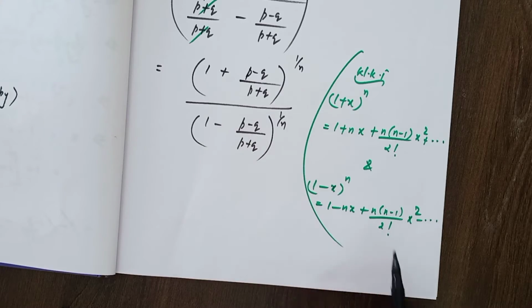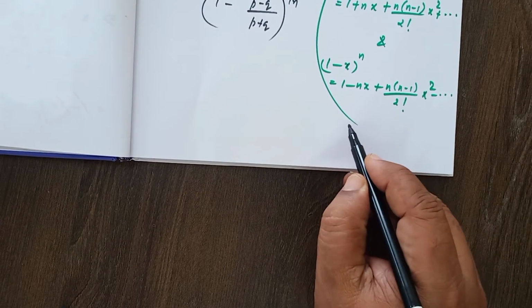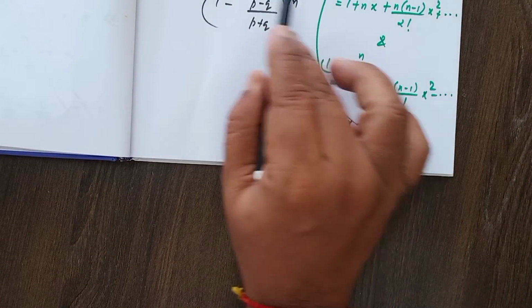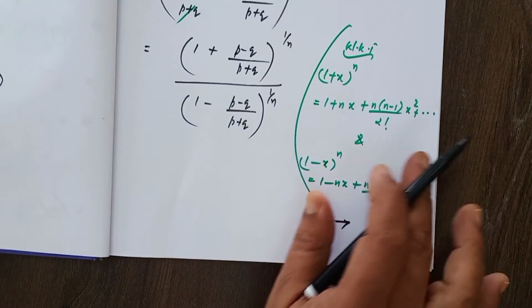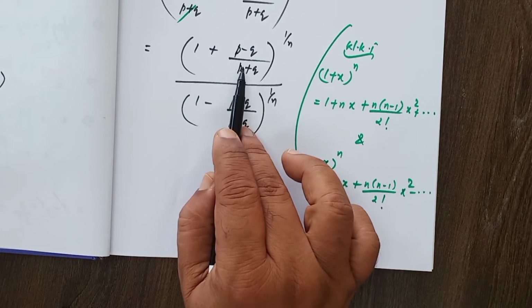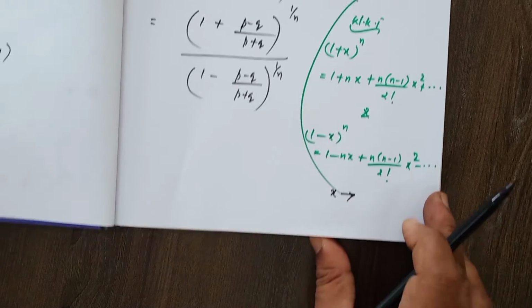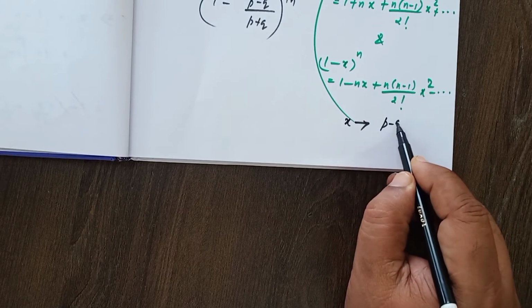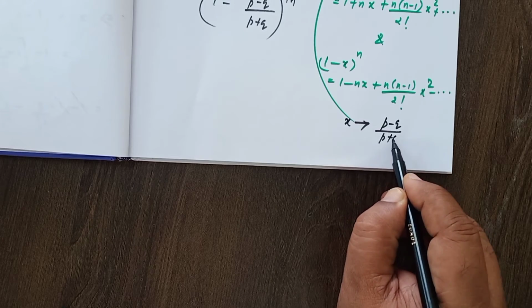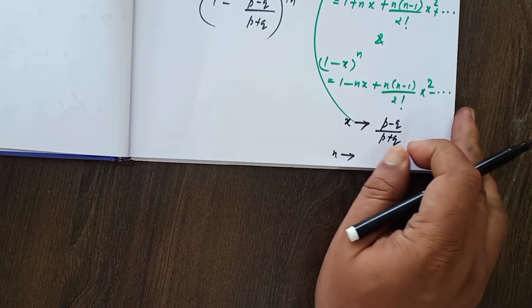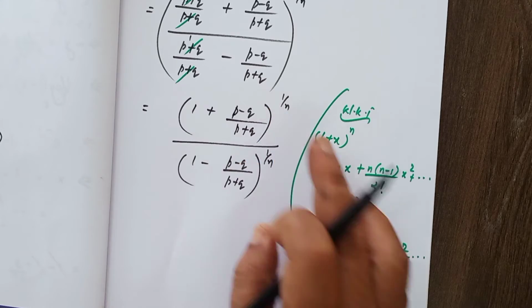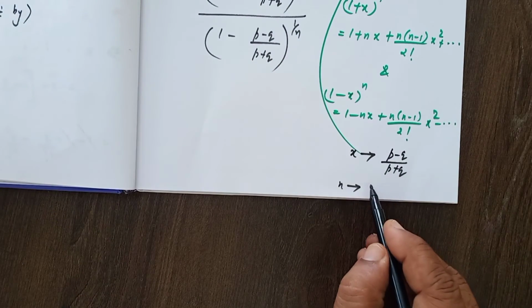Here, because this is p minus q divided by p plus q, that is x, this is n. So comparing these two, x is equal to p minus q divided by p plus q. Here also x is equal to p minus q divided by p plus q, and n should be replaced by 1 by n.